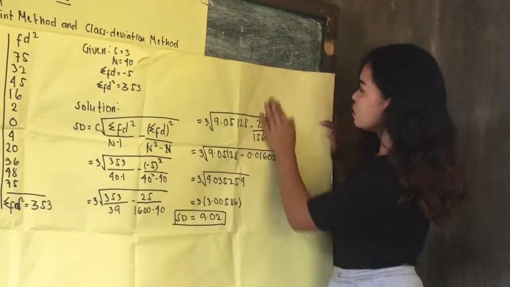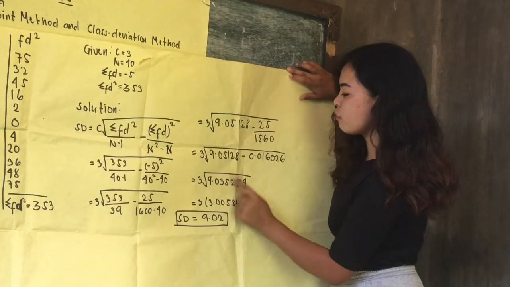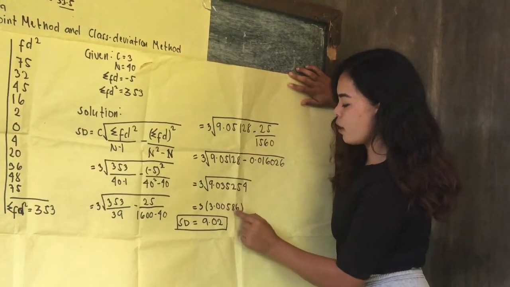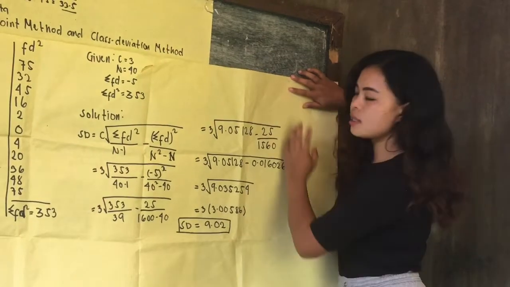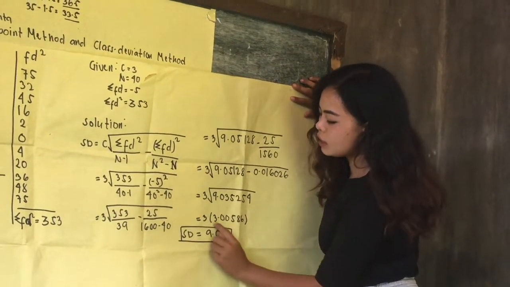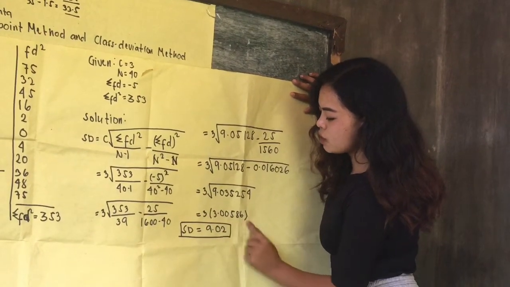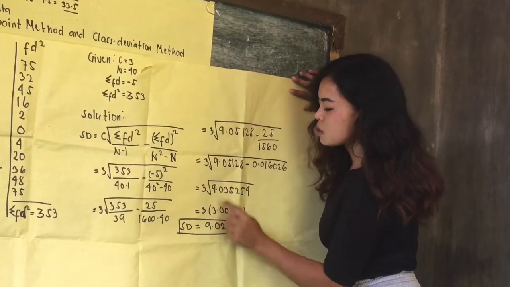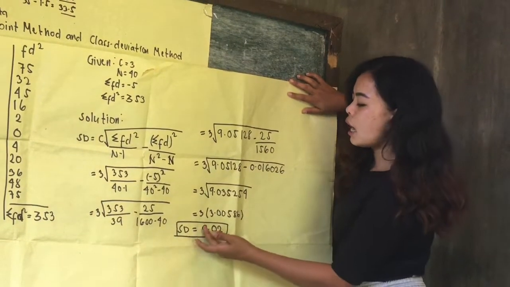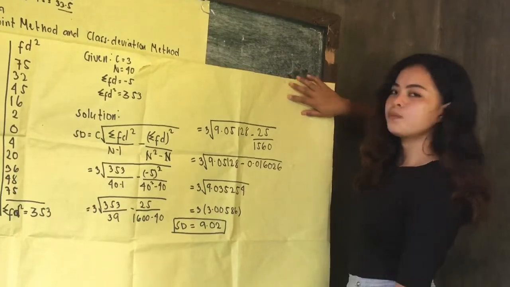So the square root of 9.035254 is 3.00586. For the last step in this computation for the class deviation method, get the product of your class interval and this value. So 3 times 3.00586 is equal to 9.02. So our SD is 9.02.